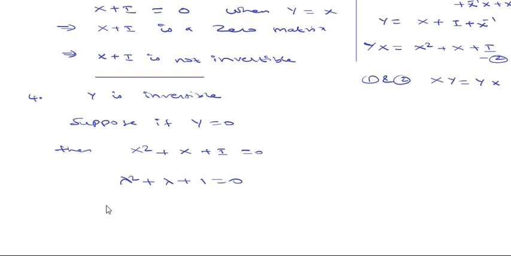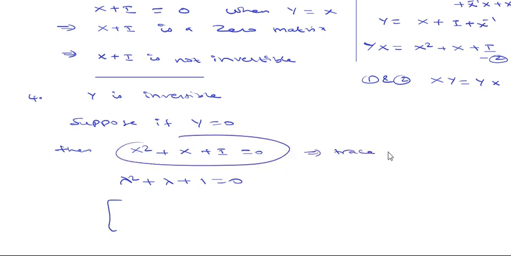No need to solve this. We will try to find the matrix satisfying this. So the trace is minus 1 and the determinant equal to 1.